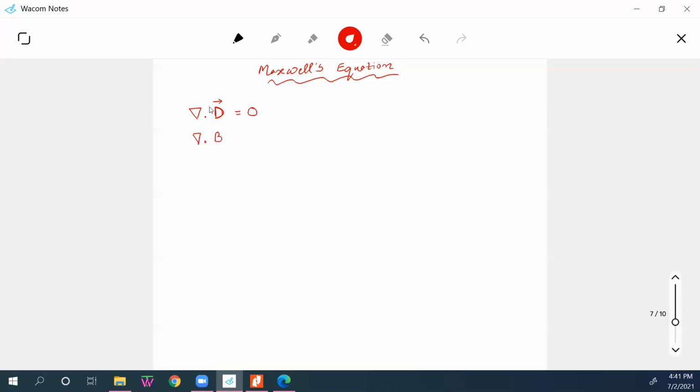B, which is the magnetic field. We know electrical field E and magnetic field H, so how I write D as an electrical field and B as a magnetic field, I will show you. So these are 2 formulas, and the curl of the electrical field is, okay, this is also a vector.